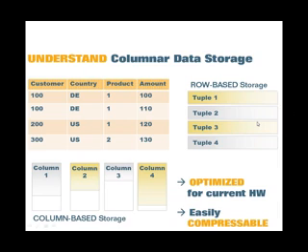For example, if the data is stored row based, and I run a query, select amount from the table where customer number equals something and country equals something, then I will get one value. If the data is stored in the columns, how is this query calculated?